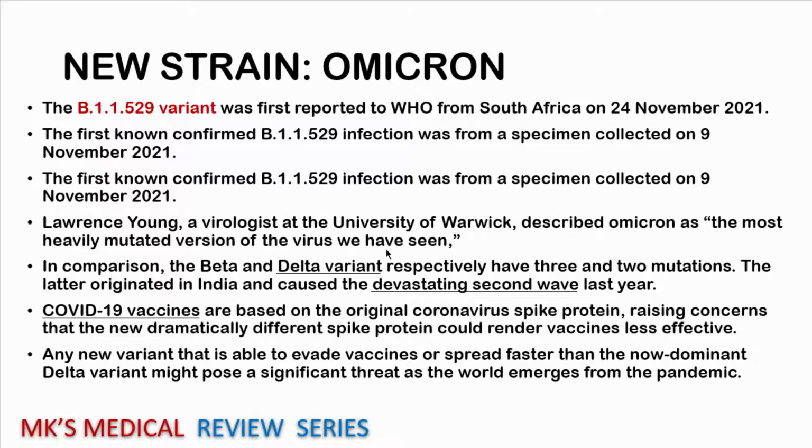The delta variant had about 2 mutations. In comparison to these, we have noted that the Omicron variant has twice as many mutations as compared to the Delta variant, which was really devastating because it originated in India, and that was what was responsible for the second wave.